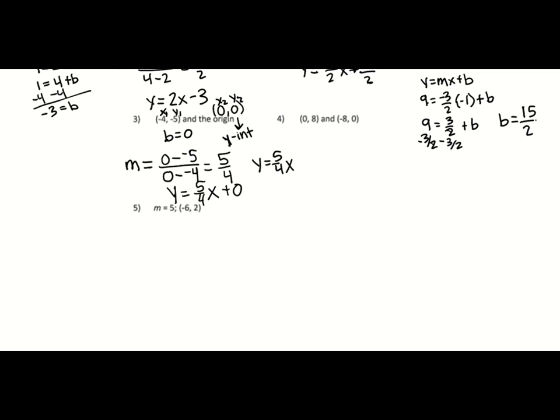For number 4, again we have 0, 8. That is a y-intercept, where our b is 8. So for number 4, I just need to find my slope. I've got x1, y1, x2, y2.